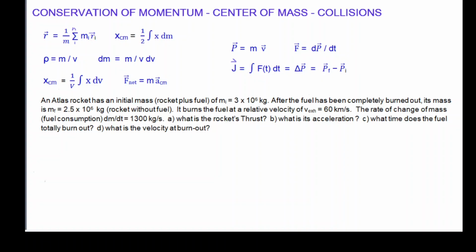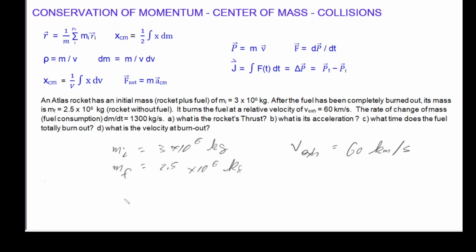We're going to assume that the rocket is in space with no g-force acting on it. So its initial mass is equal to 3 times 10 to the 6 kilograms. Its mass after burning out the fuel is 2.5 times 10 to the 6 kilograms. The velocity of the exhaust is equal to 60 kilometers per second.